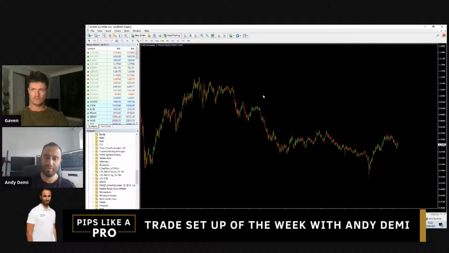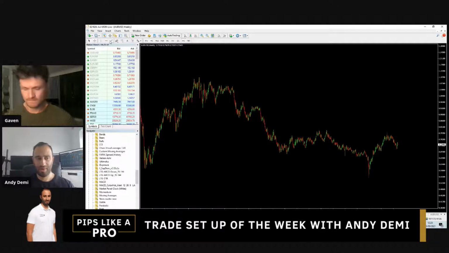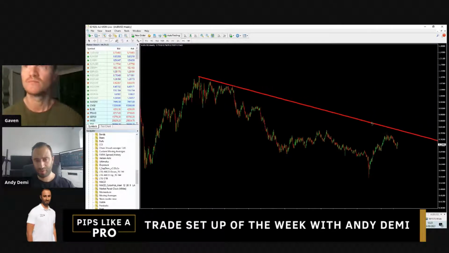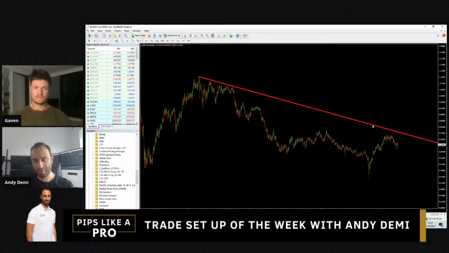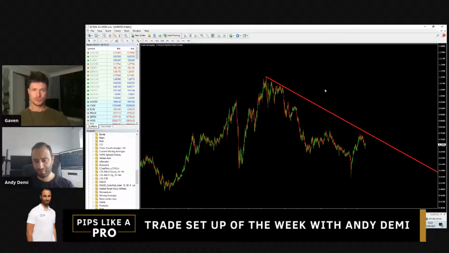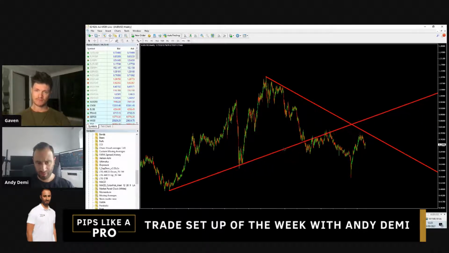So this market's really been going down, a downtrend. If we just put a trend line there, that's where that outer trend line comes in. And if we zoom out, again, you can see this was a point in the market.